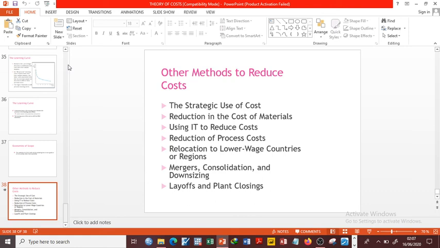If the firm cannot afford to pay workers, it can lay off some workers. And then plant closings: you could find that a business is running two different kinds of businesses, and one is not profitable, so it could decide to give up that business and instead reinvest the money in another business that is profitable.